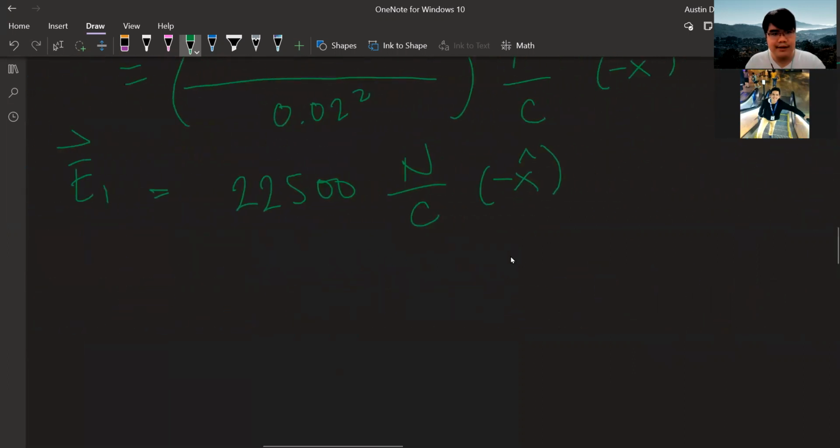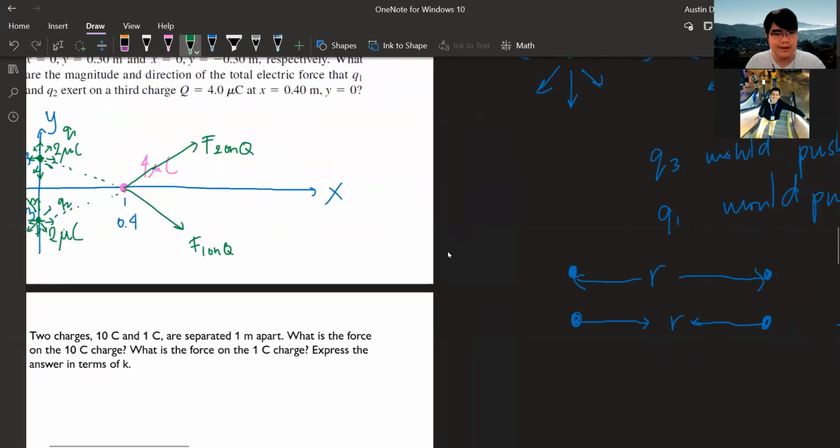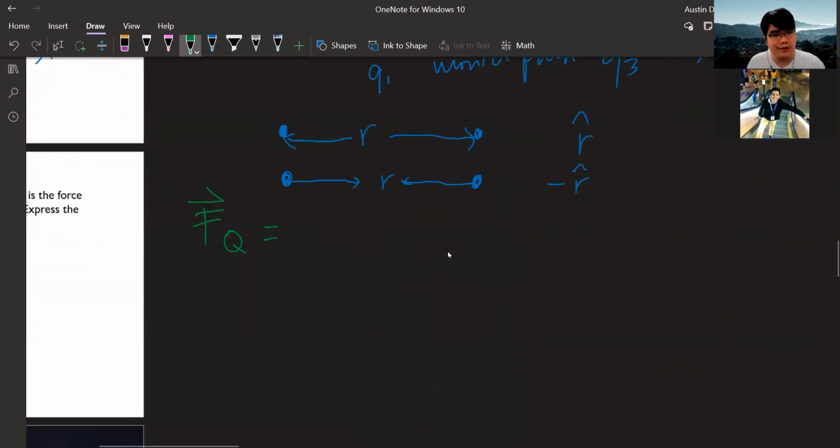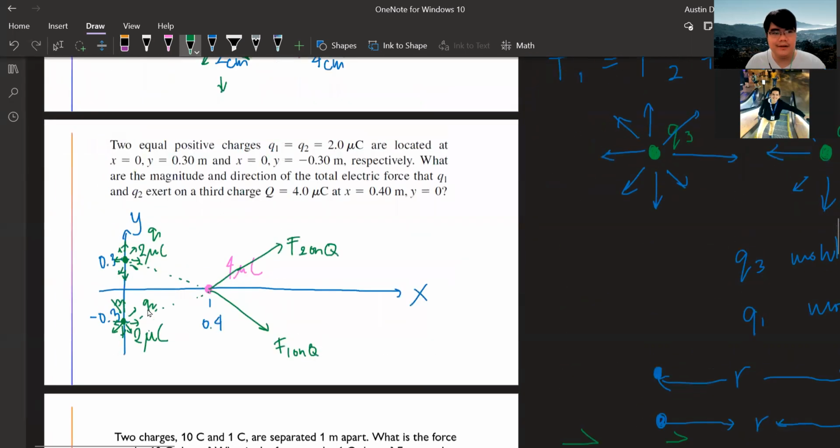Okay. So, let's try to do this. Again, the force on Q, the FQ, would just be the sum of those two. F1 on Q plus F2 on Q. Okay? Linaw?